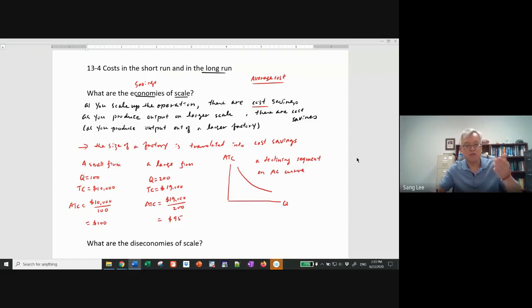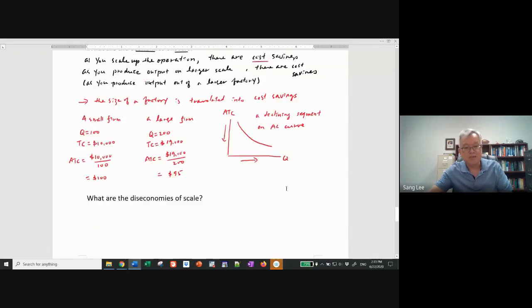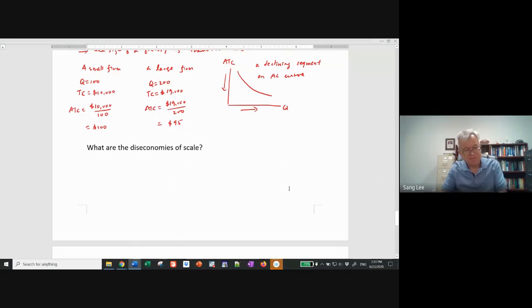So as a firm size grows, per unit cost is declining. Now, the opposite case: as firm size grows, somehow each unit is costing you more.